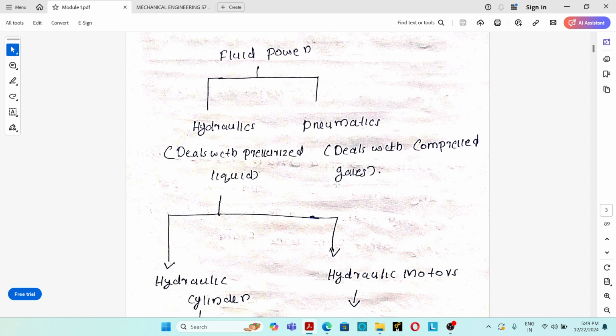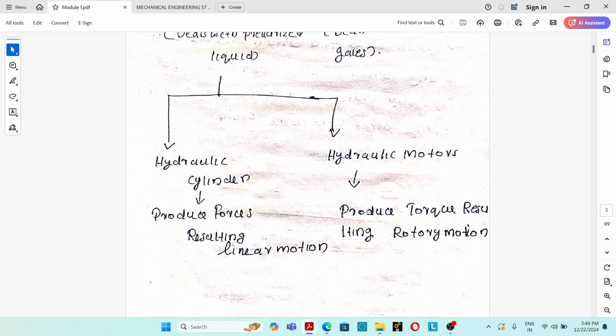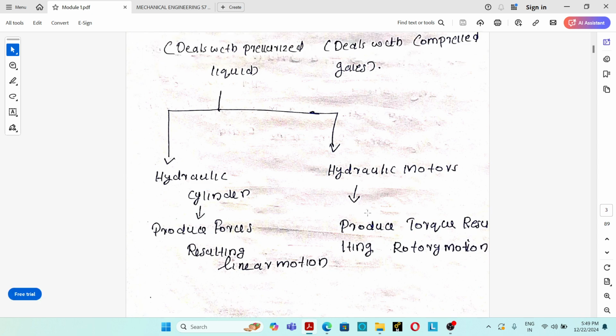Cylinders always produce force resulting in linear motion, and motors produce torque resulting in rotary motion. That's the difference between cylinders and motors. In the case of hydraulics, the actuators are hydraulic cylinders and hydraulic motors. A hydraulic cylinder produces force resulting in linear motion and hydraulic motors produce torque resulting in rotary motion.